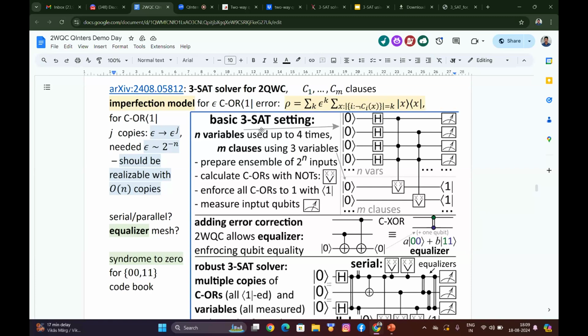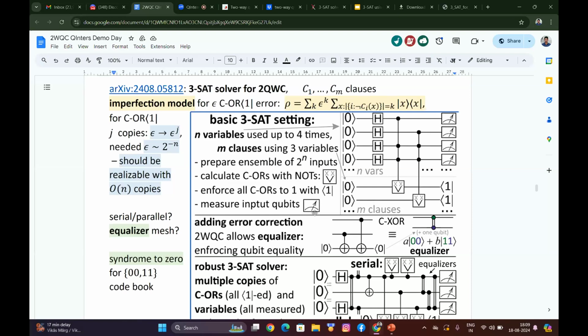This is the basic SAT setting. As you can see in the diagram, we have n variables and m clauses to prepare the ensemble of 2^n inputs, and we calculate with CNOT gates and NOT gates.